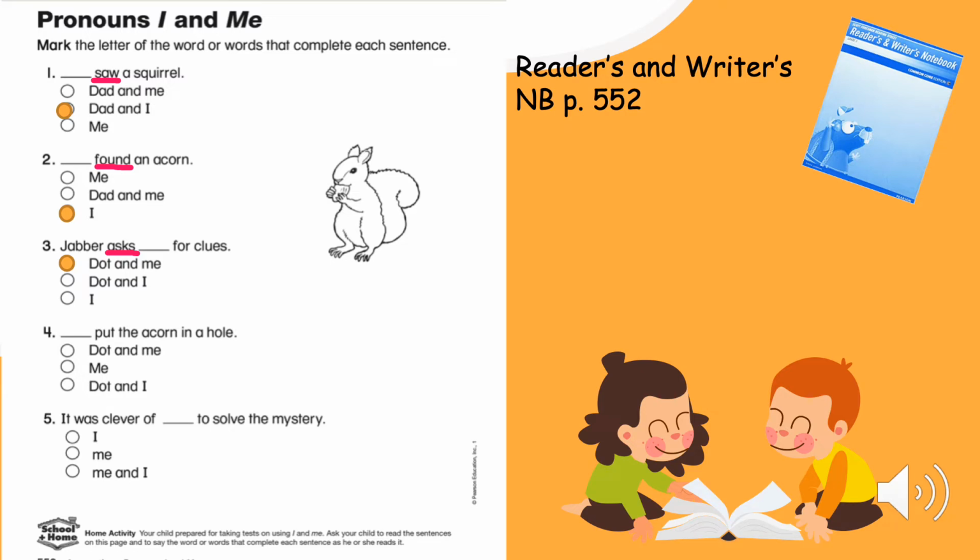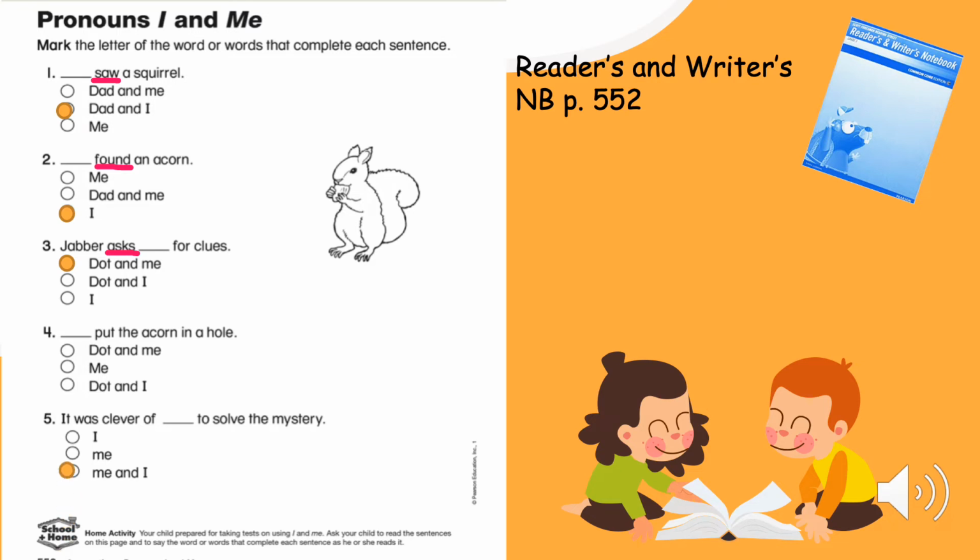Number 4. Blank put the acorn in a hole. Dot and me put the acorn in a hole. Me put the acorn in a hole. Or Dot and I put the acorn in a hole. What is the correct answer?